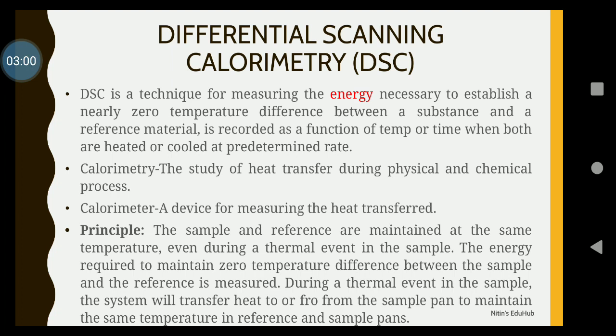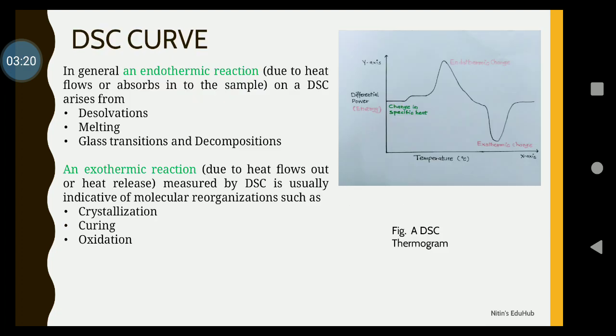On the basis of that increase or decrease in energy, we calculate delta E, and delta E is plotted versus the temperature or the time. That's the basis of the principle of differential scanning calorimetry, that's nothing but the DSC.